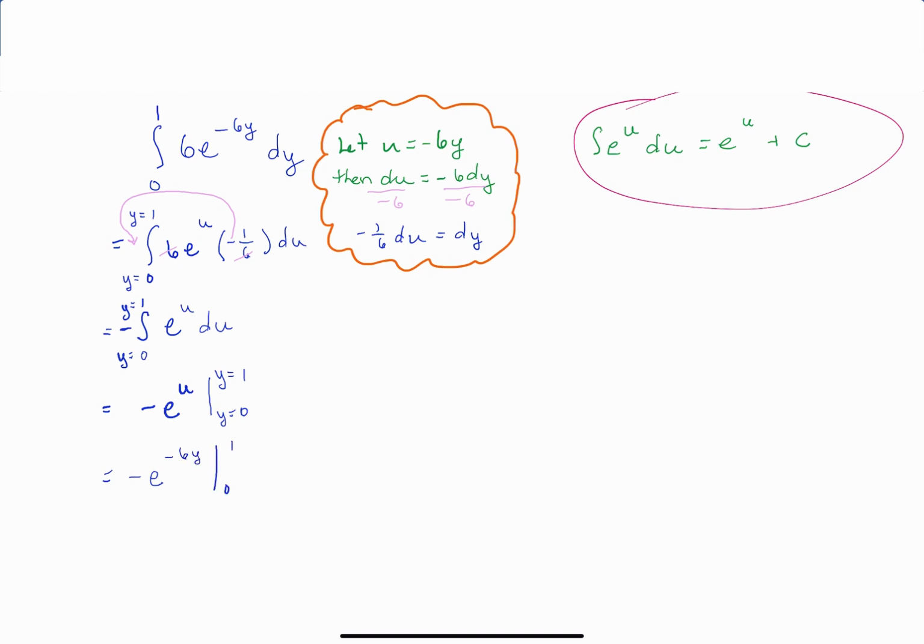So if I change the u back to minus 6y, now my 0 and 1 apply perfectly, and so first I plug in the 1, then I subtract what I get plugging in the 0. So it looks like we wind up with minus e to the minus 6 plus 1.